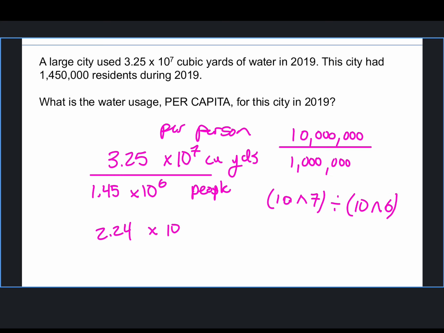I will. Another way we can think of it is we can cancel out all the zeros, right? And we're left with 10 over 1. Okay, so that's 2.24 times 10 to the 1, and that's cubic yards per person.